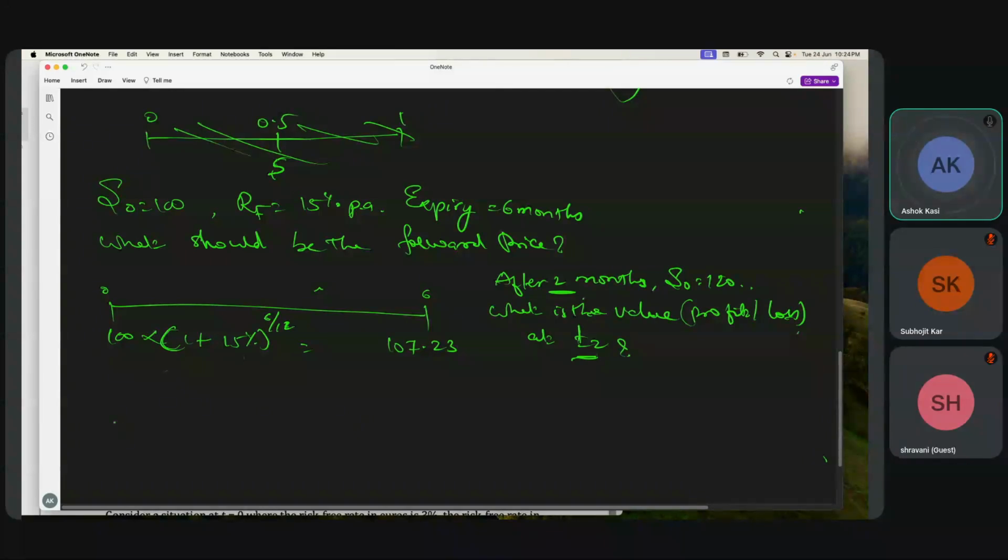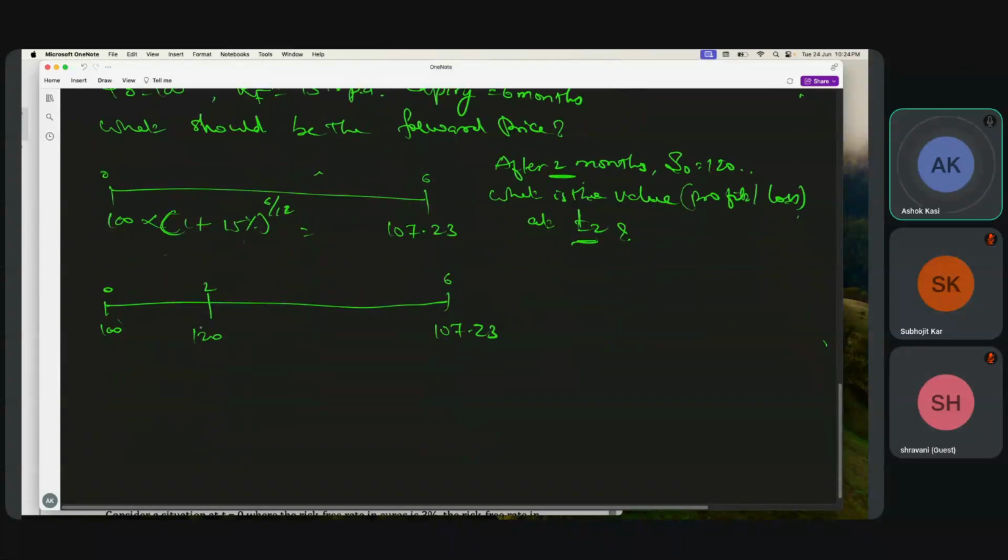So how will I do? See, again 6 months. It was 100 initially. Now after 2 months, it has already reached 120. But we agreed for 107.23. So after 2 months, I'm standing here and spot price is 120.